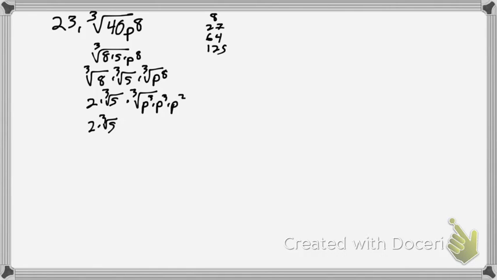So I have 2 times the 3rd root of 5 times p, because look, what's the cubed root of p cubed? Well, those cancel out. So I just get p. So it's p times the cubed root of p squared. So I get 2, put my p's together, p squared times the cubed root of 5p squared. Okay?